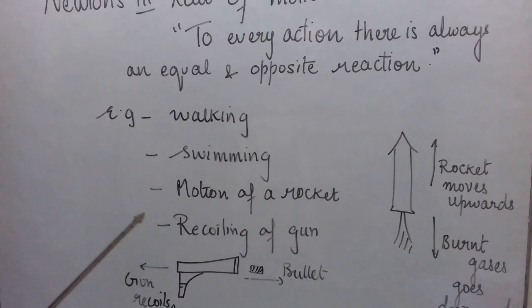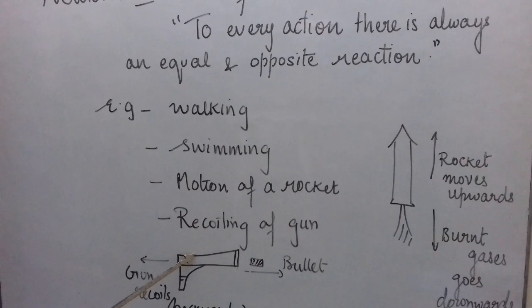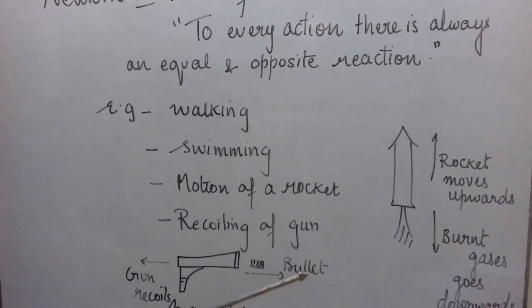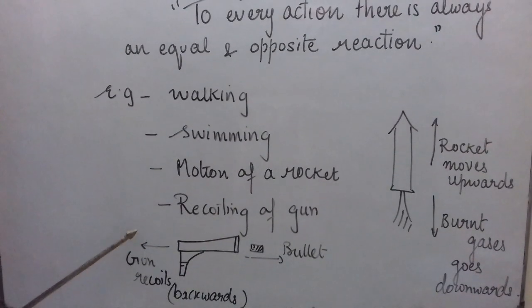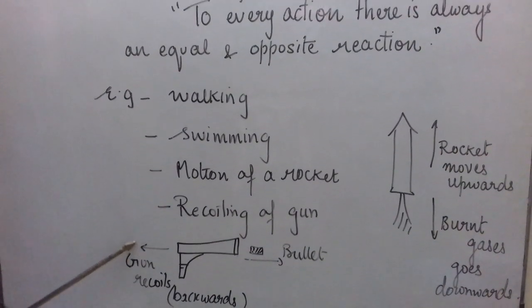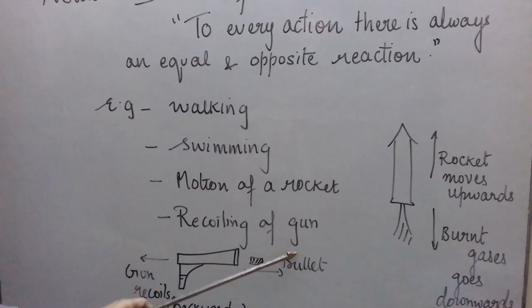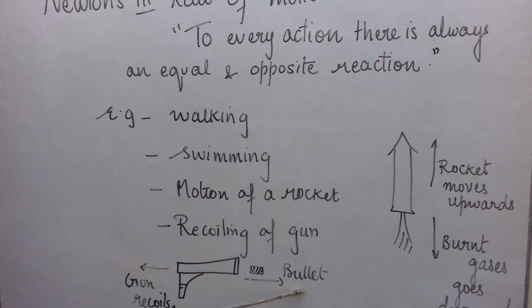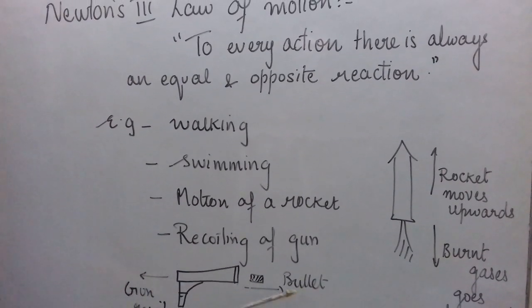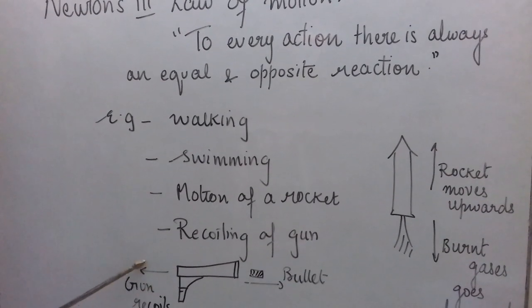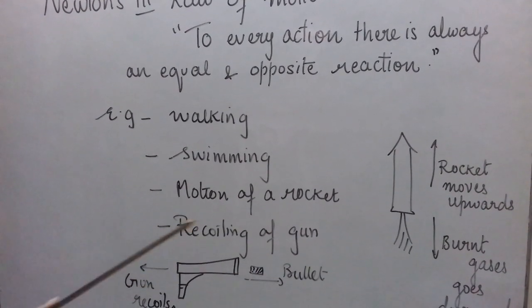Because F is equal to ma. So here I can write m into a of the bullet is equal to m1 into a1 of the gun, but the mass of the gun is quite large compared to the mass of the bullet. The forces are equal, m1 into a1 is equal to m into a, but there is a large difference in their masses, so there will be a difference in acceleration too.